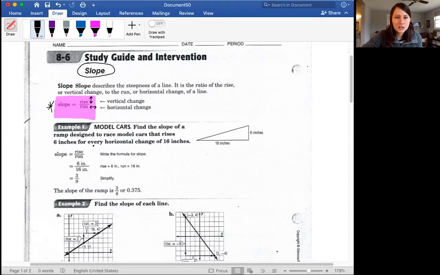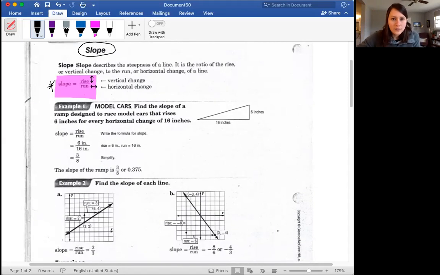Let's take a look at this example. Model cars. Find the slope of a ramp designed to race model cars that rises 6 inches for every horizontal change of 16 inches. When we're looking at the slope, it's always the vertical over the horizontal change. So if we're starting here at 0 and going up to 6 inches and then over to the right 16 inches, we're finding the slant of how it gets to this point.